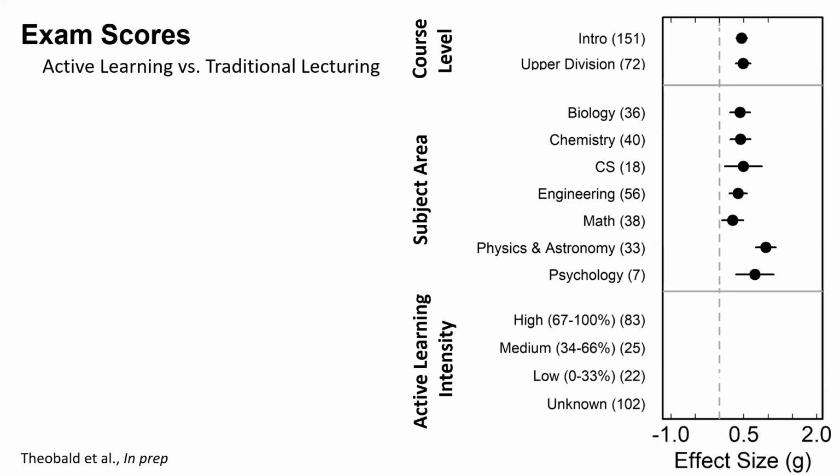With each of these papers, we try to determine how much time students are actually working with each other versus listening to the instructor. We have one giant bin of unknowns because it was really hard to quantify from the paper, because exactly 0 papers said the learning intensity was 50%. Nobody said that.